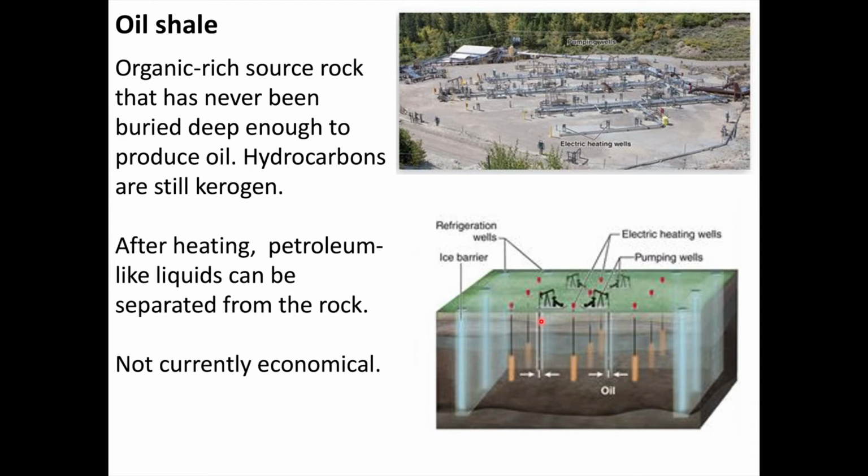The original method of processing oil shale involved mining and crushing the rock and then heating it. New methods, such as heating the rock in place, seek to avoid disposing of large volumes of waste rock. Both methods are so energy intensive that the production of oil shale is not currently economical. The heating method is shown in the figure here.